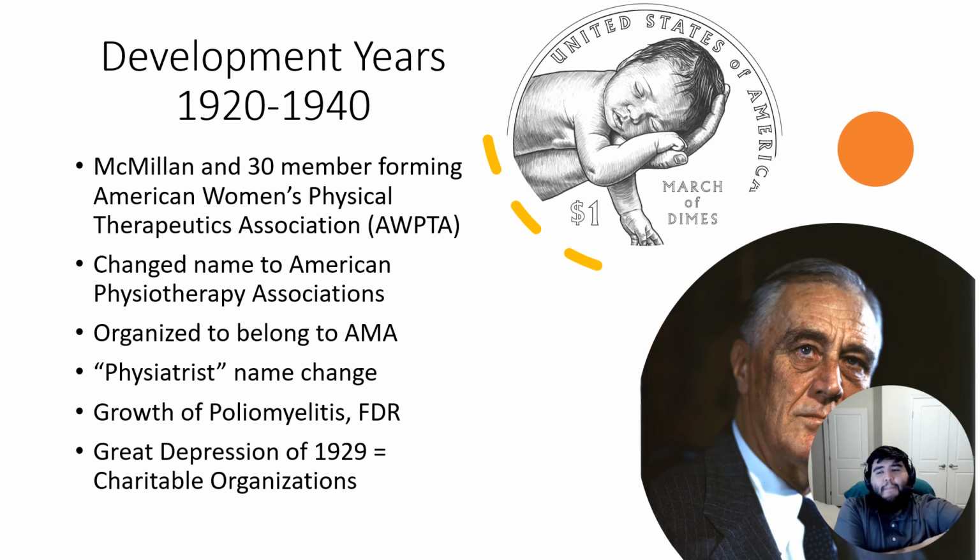Now, the main reason this is important is because one of our presidents, FDR, Franklin Delano Roosevelt, got this virus, and he was treated by the physiotherapist at the time, and this helped generate a lot of recognition to the public to see the value that these physiotherapists brought to the U.S.